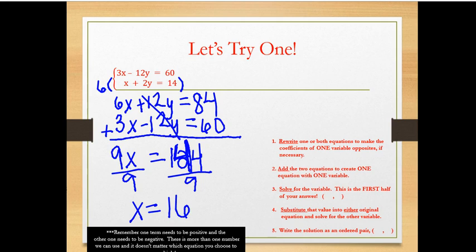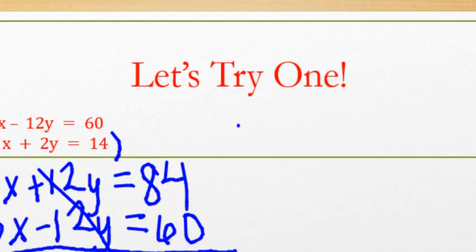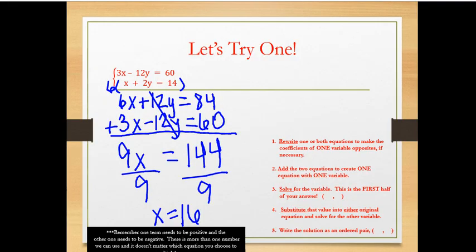So now that we know what x is, we can plug it into either one of our original equations. I'm going to use the bottom equation because I don't have to multiply the x by anything. If I substitute 16 in for x, I'm just going to have 16 plus 2y equals 14.